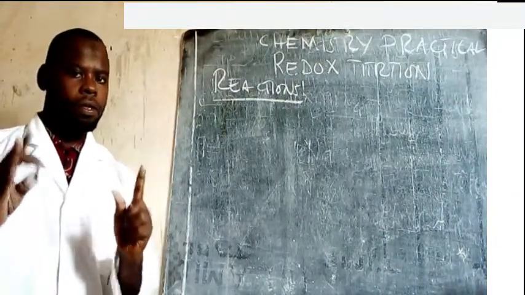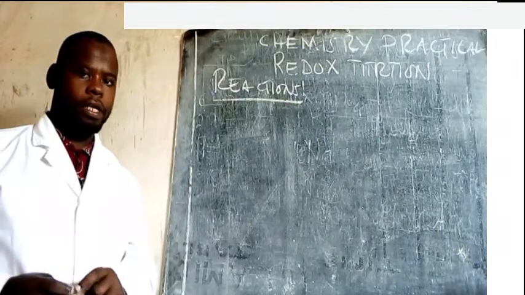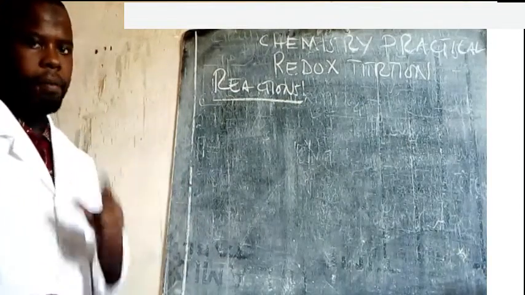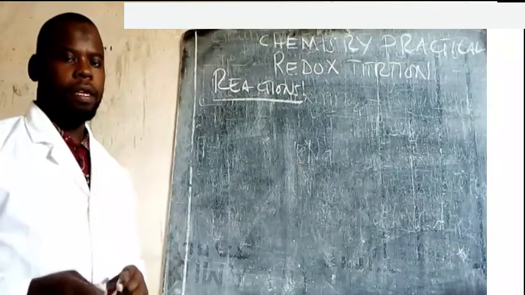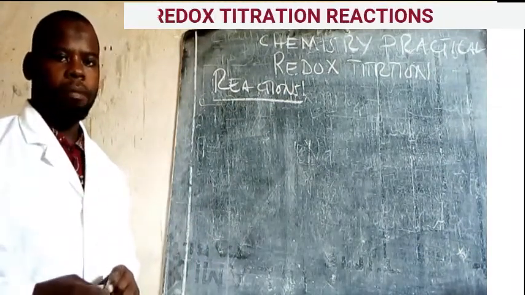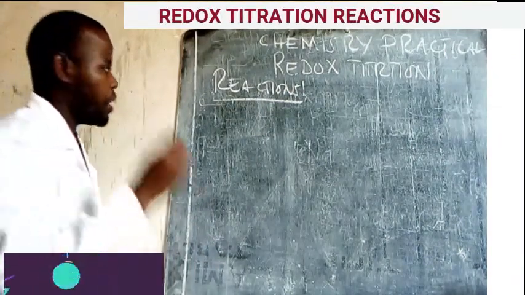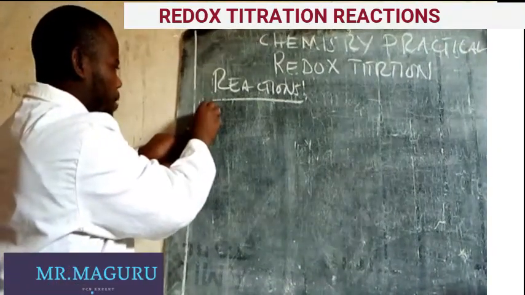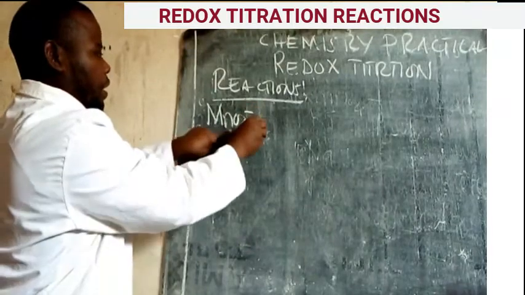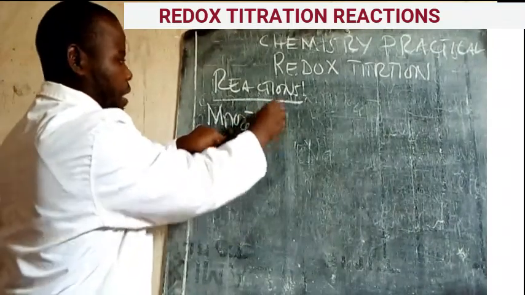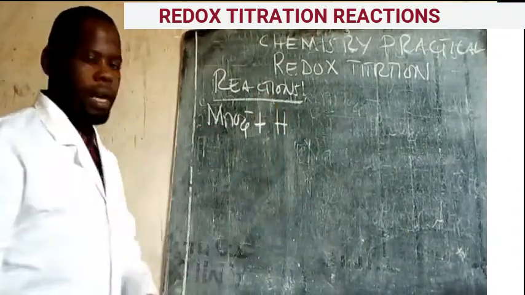We are going to use those procedures, then we create reactions. First, we add potassium permanganate in a conical flask with sulfuric acid and potassium iodide. So it means manganese 4 oxide reacts in an acidic medium.